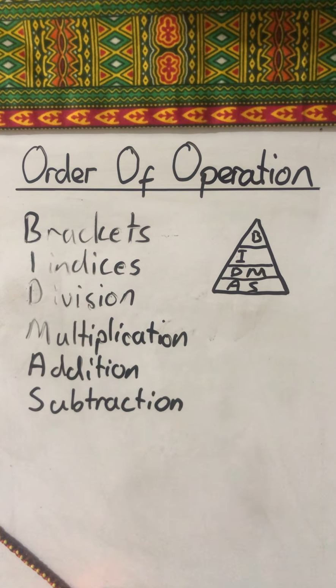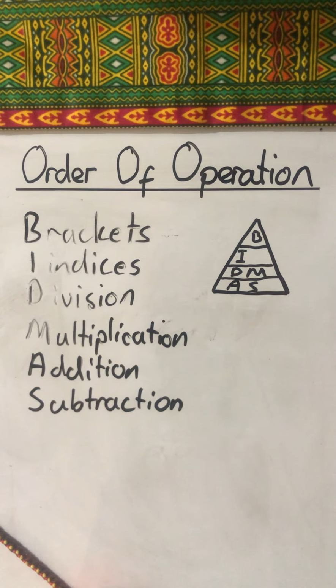You might be wondering why division and multiplication and addition and subtraction are on the same level. This is because they're each other's opposites. The opposite of division is multiplication, and the opposite of addition is subtraction.